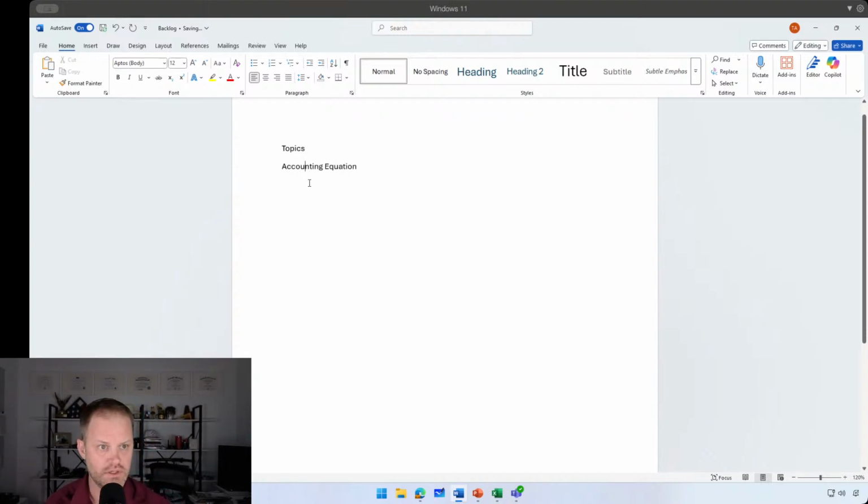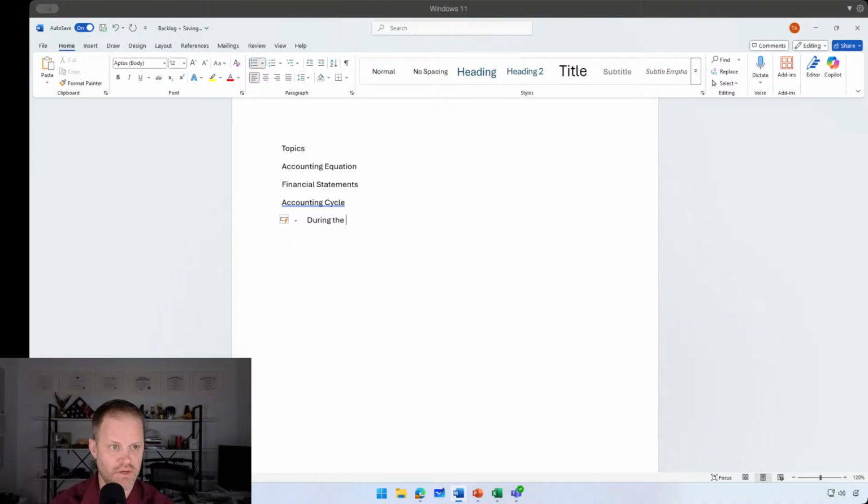The accounting equation, then let's say the accounting cycle. Let's say financial statements. And then let's break the accounting cycle into 2 components. During the period, after the period. Well, let's just say closing the period.